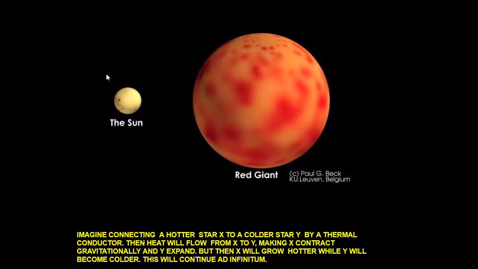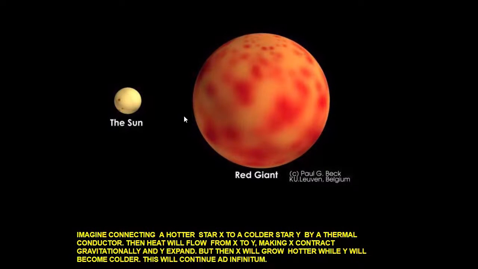Just like the satellite gaining more speed, contracting will make the random velocity of the atoms in the sun go faster. That means the temperature will go up. While red giant expanding will make it cooler.